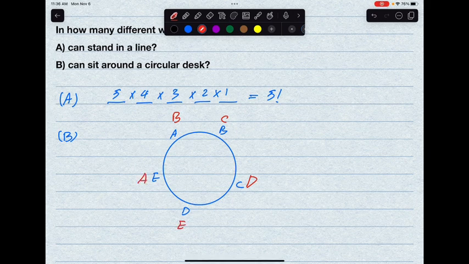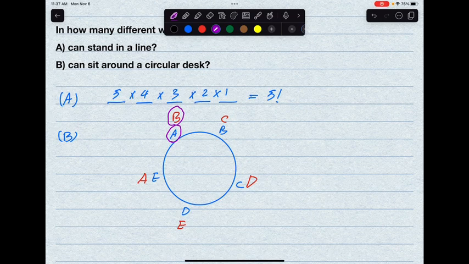You can see here at first A sat around the table, and then B and then C, D, E. But the second time B was the first one who sat around the table, and you can see again we got the same way.